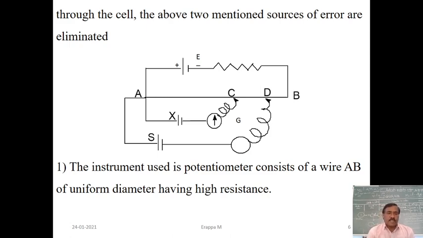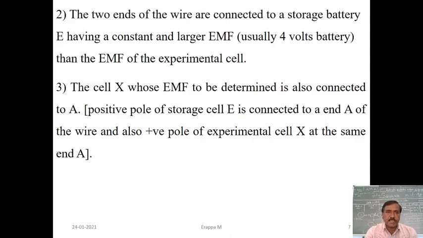The potentiometer consists of a wire AB of uniform diameter having high resistance. The two ends of the wire are connected to a storage battery E having a constant and larger EMF than the EMF of the experimental cell.